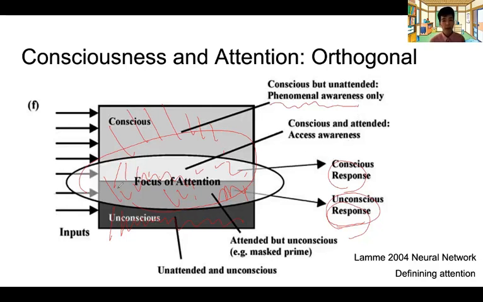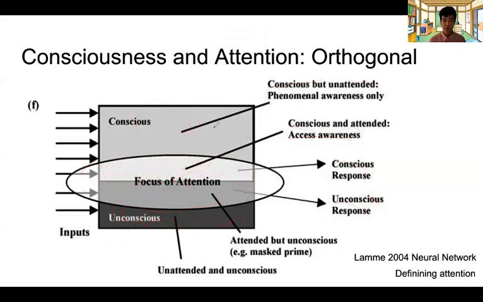And then this part is also consciously attended and also aware to the subject. And here, this part of the terminology, access awareness and phenomenal awareness, is what we are going to talk about next week. Okay, the upshot is that this model thinks that consciousness and attention can work orthogonally and in parallel, and all these dissociations can happen: conscious with or without attention, unconscious with or without attention.